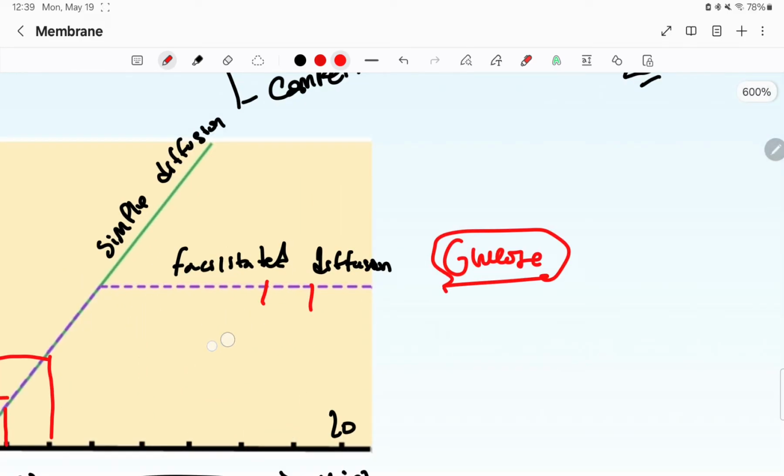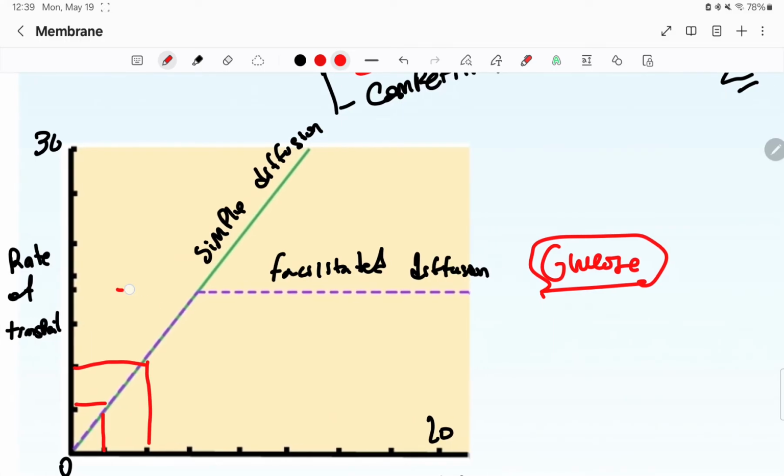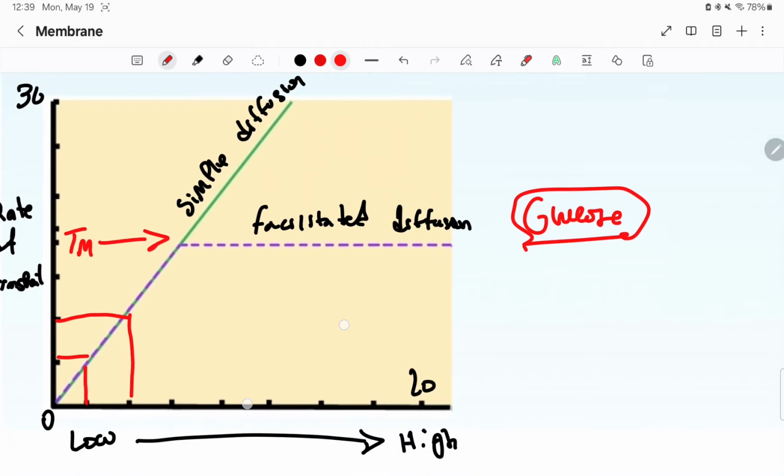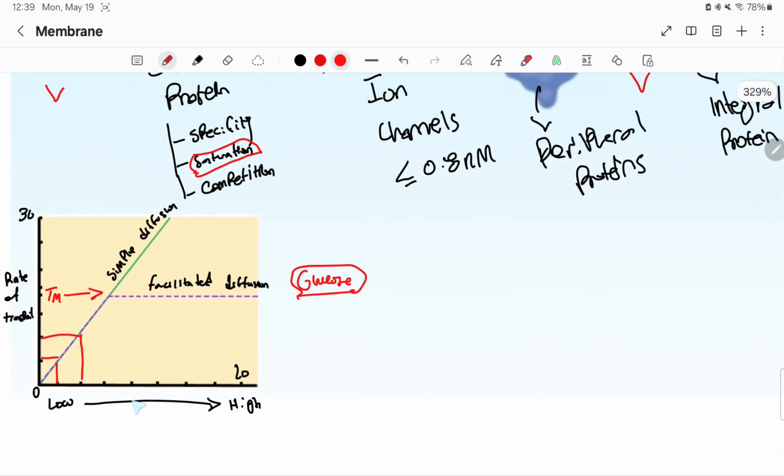You know what this limit is called? This is called the TM, or the transport maximum, which is basically saying that no matter how much I increase my concentration of, for example, glucose outside of the cell, I cannot increase the rate of its transport into the cell past my transport maximum, okay?